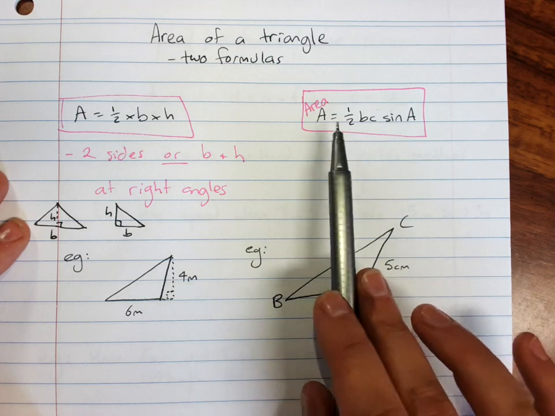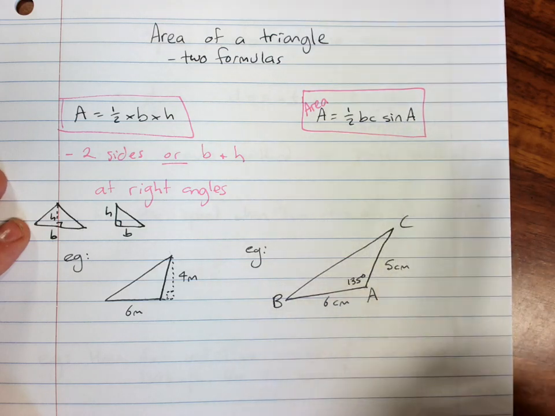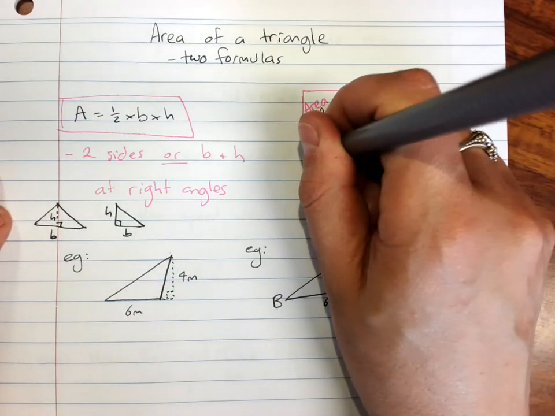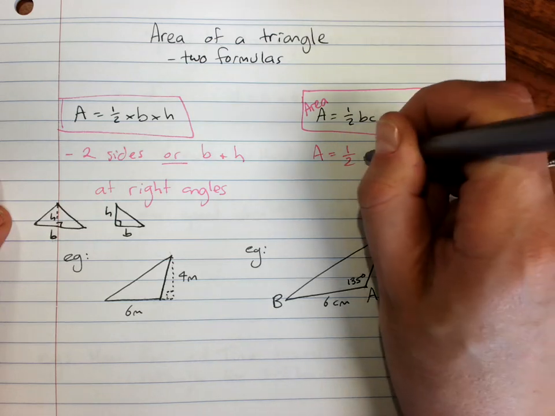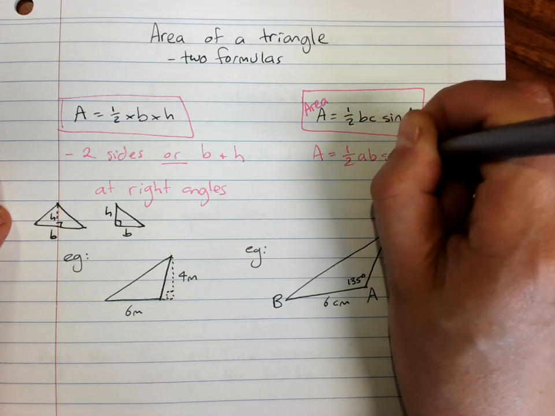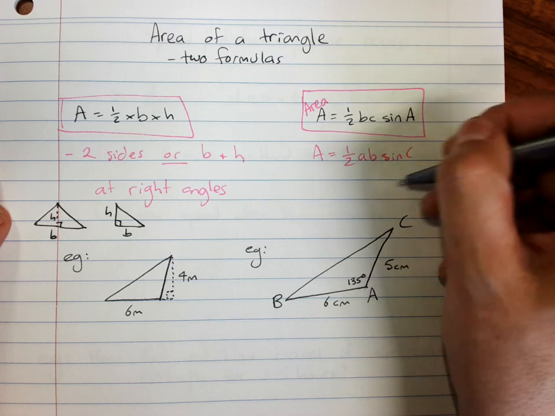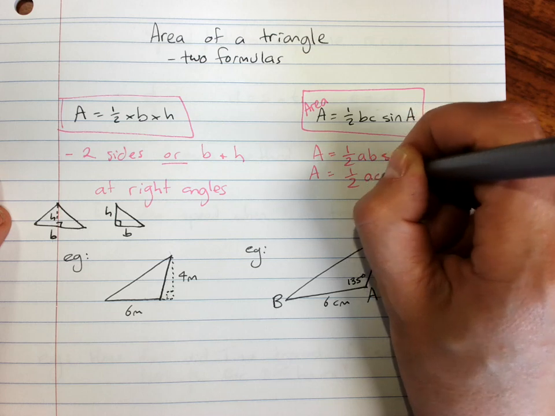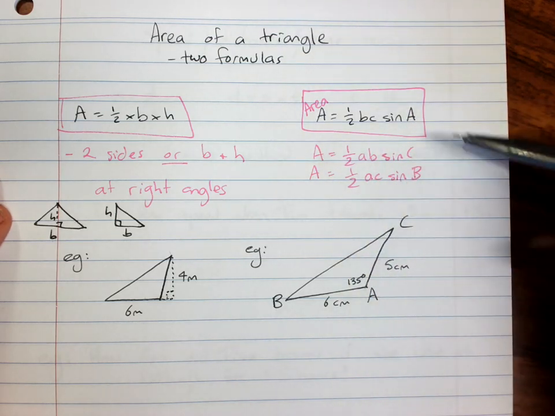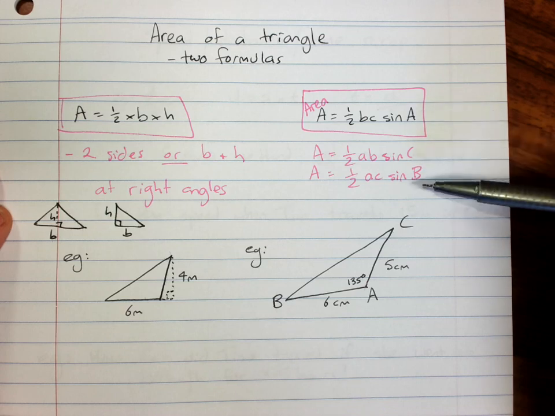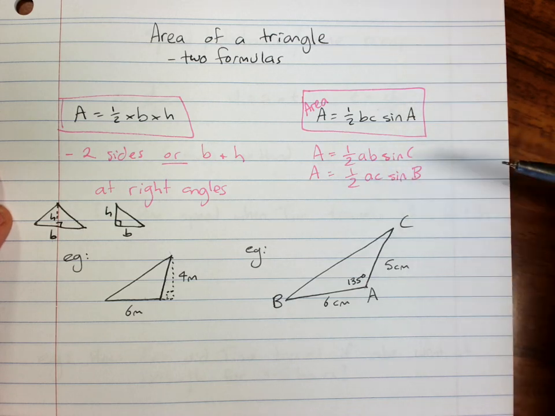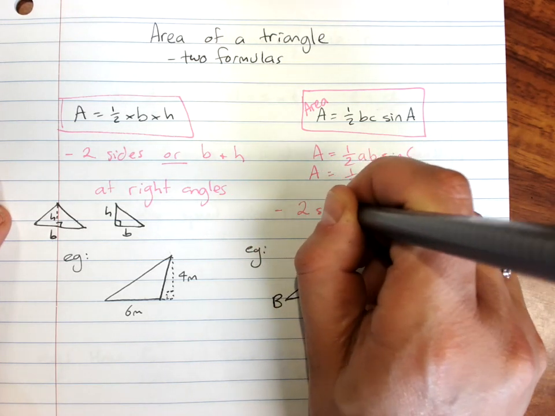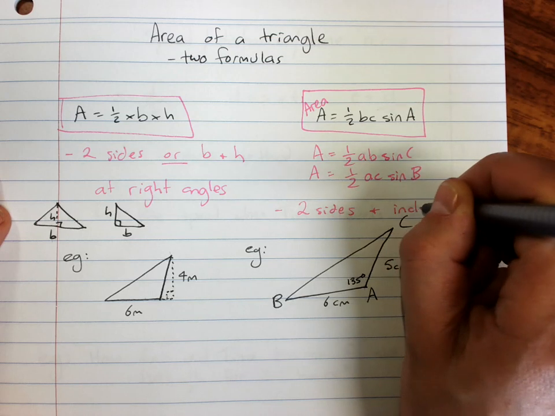So the area of a triangle is half BC sine A, and of course, just like the sine and cosine rules, you could write this as half AB sine C if you had angle C, or you could have half AC sine B. So depending on which angle you have is which version of the formula you will write. And to use this, you need two sides and the included angle.